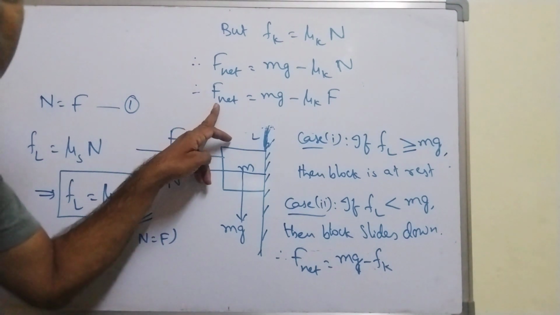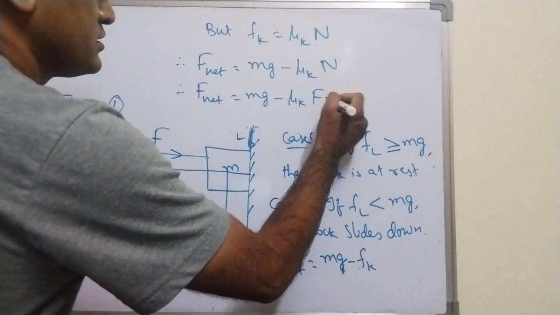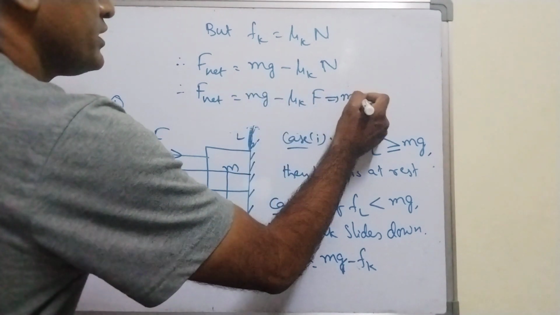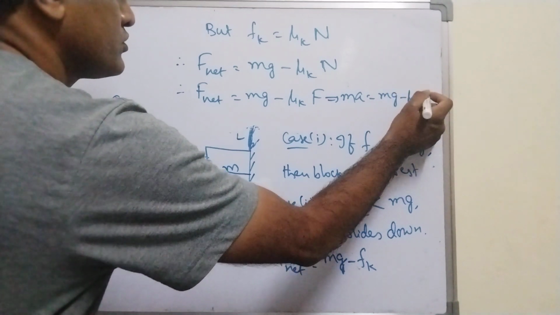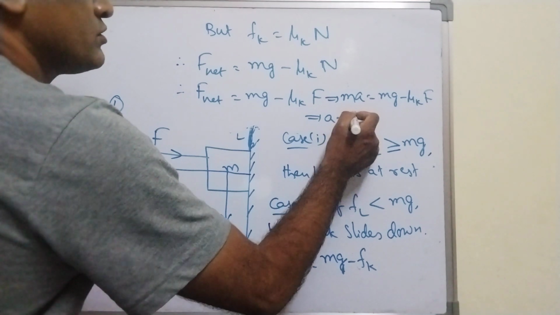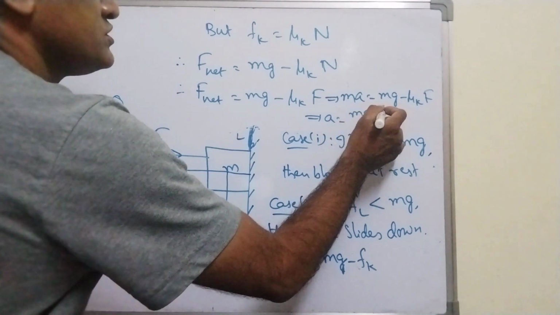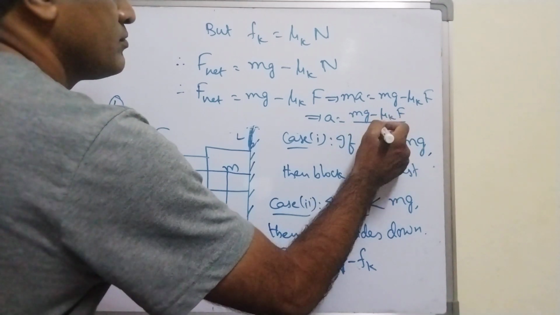F net is nothing but mass into acceleration, is it not? So M into A is equal to mg minus mu k into F. From this, A is equal to (mg minus mu k into F) by M.